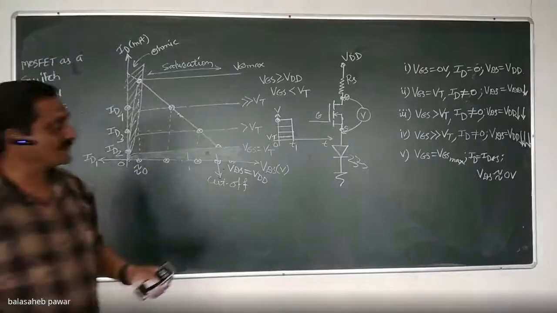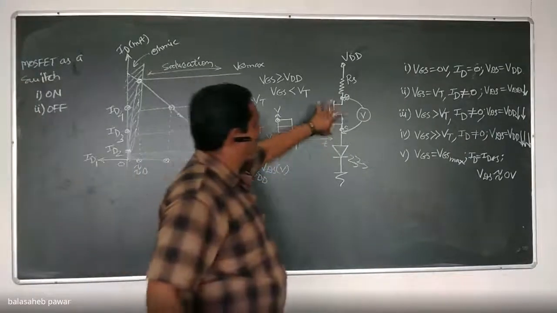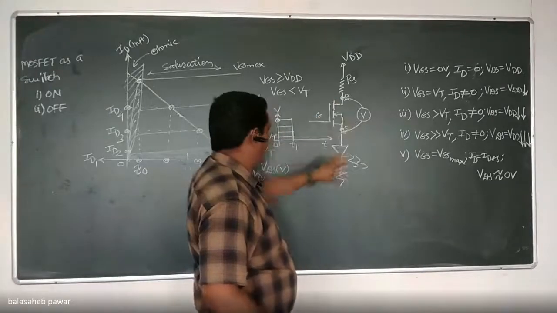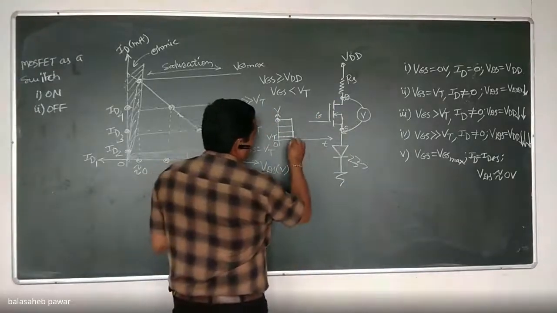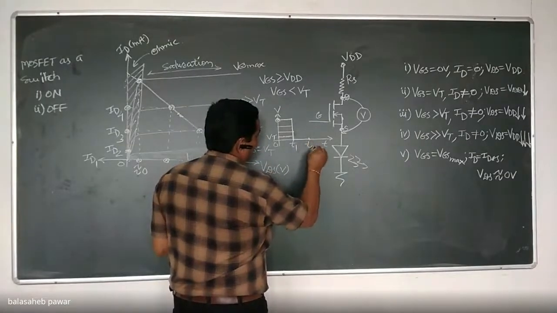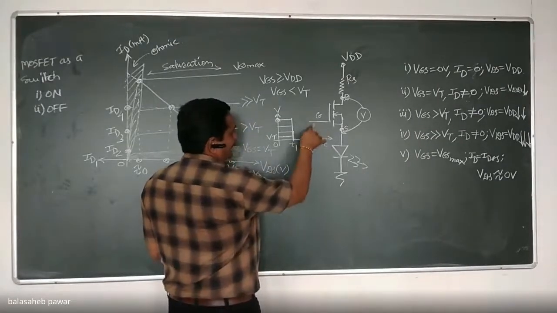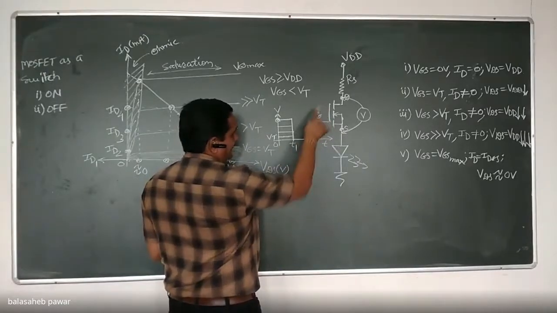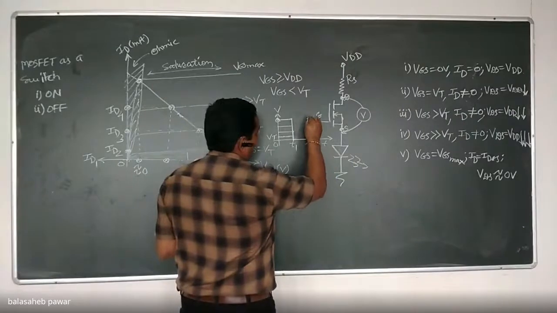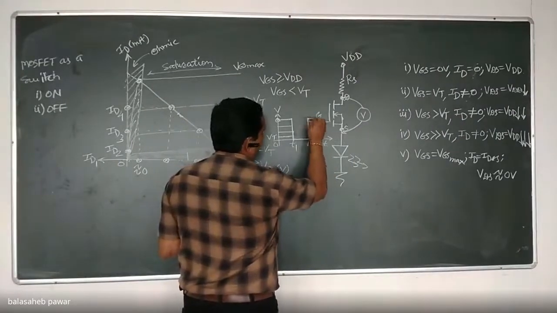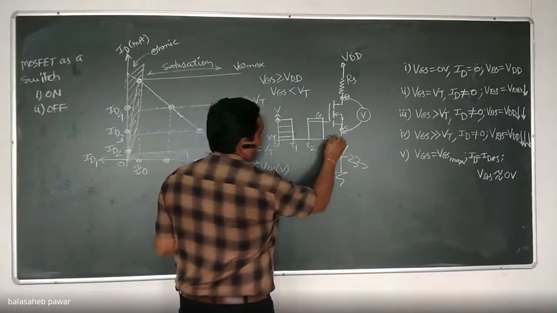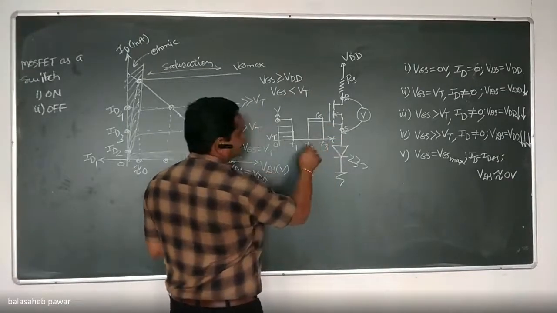So that care we have to take while operating this MOSFET as a switch, either on switch or off switch. Now see, whenever there is a time period T1 to T2, the gate pulse again remains 0. That means this MOSFET will get turned off, and the LED will get turned off. And again, the pulse will appear with sufficient amplitude, that is VGS max, for time period T2 to T3.